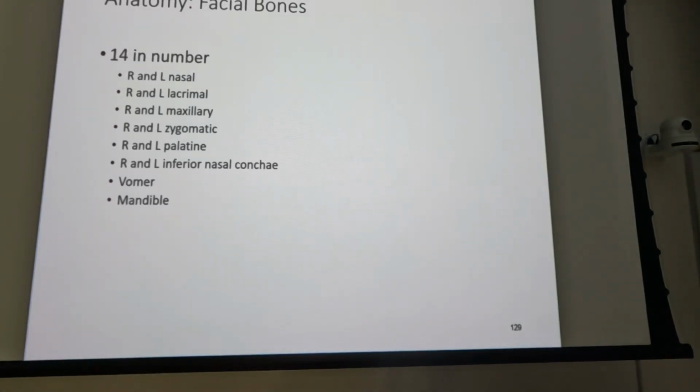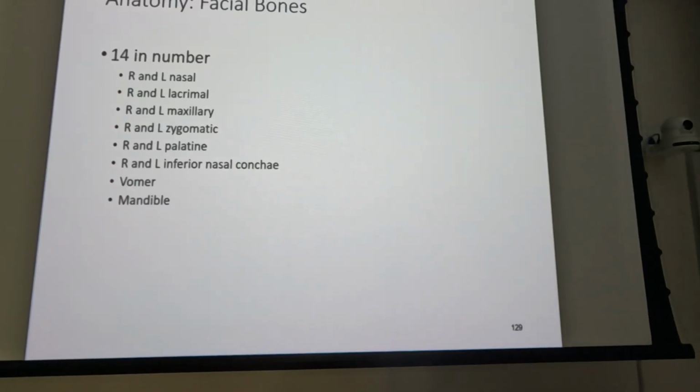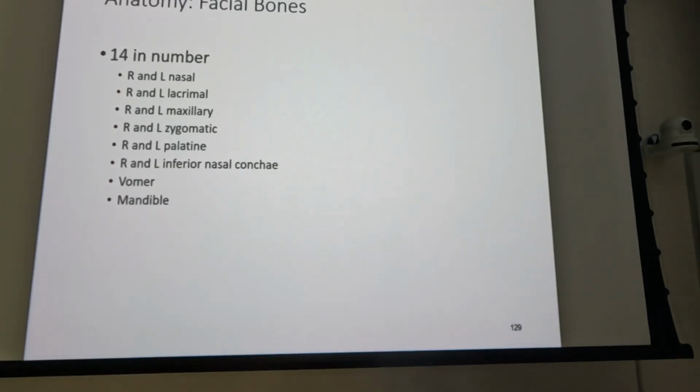And your nose is a great big target for an airbag, for a fist, for the floor, if you don't get your hands out in front of you. So in my experience, the nasal bone is probably most commonly fractured, followed by the mandible. But on the test, I think there's a question that asks which are thin and most easily fractured. That will be your nasal bones and your lacrimal bones.